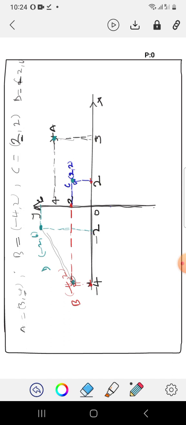So how do you measure the distance between these 2 points? Exactly the way Google Map on your phone can tell you the distance between 2 points, maybe two cities, Lagos and Abuja, and all that. So that is what we want to learn right now.